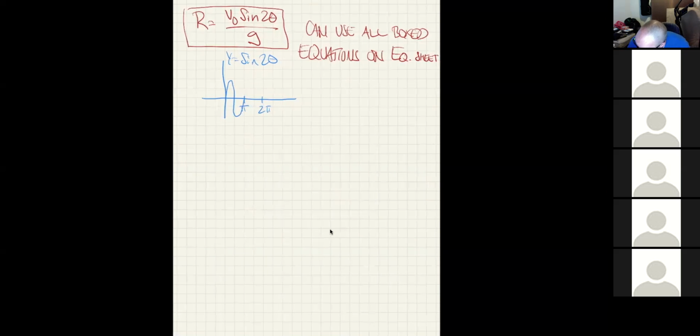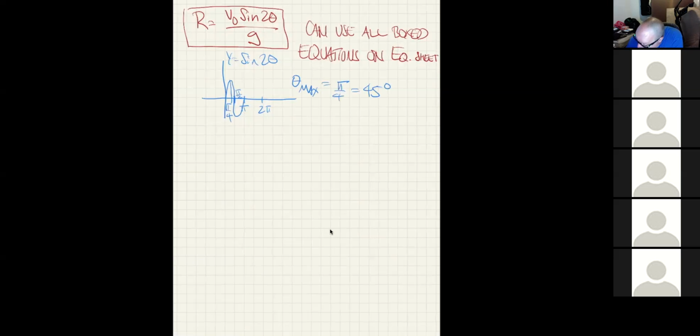So all of that takes place by the first pi. This is pi over 2. And in fact, that peak is pi over 4. So if I want to maximize my range, theta max is equal to pi over 4, which equals 45 degrees.